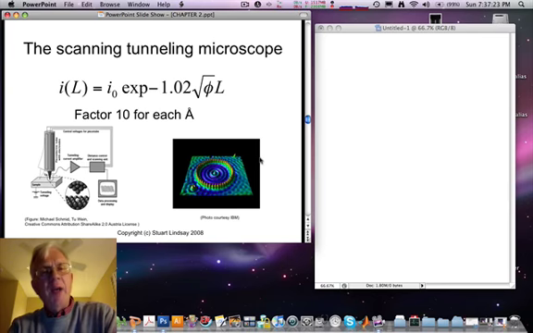So what a wonderful irony. The quantum mechanical phenomenon of tunneling is used in the tunneling microscope to image quantum mechanics directly.